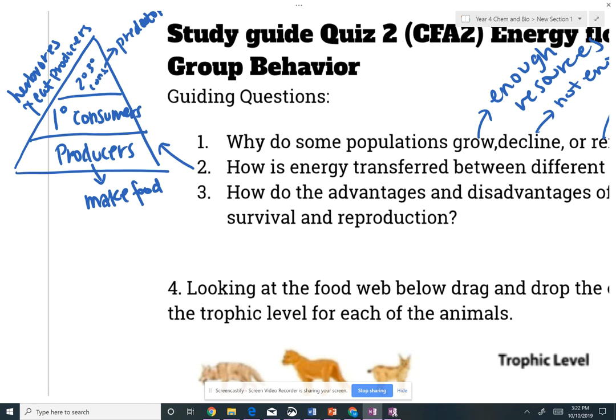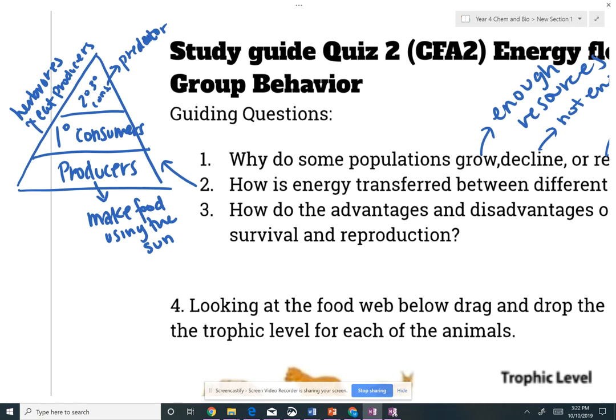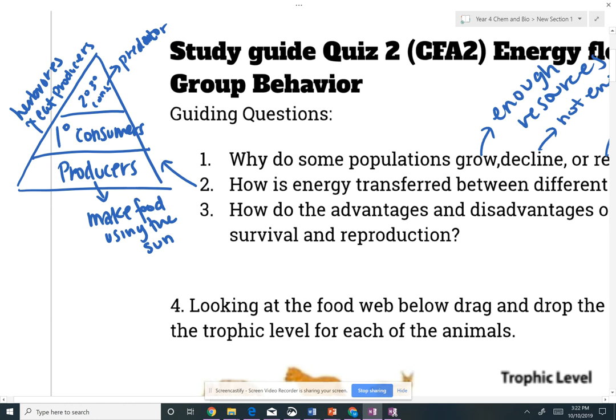So what happens is that the producers make all the food. The producers make tons and tons of energy, and they make food using the sun. 90% of the energy that they are making is for themselves, and that goes for every level.